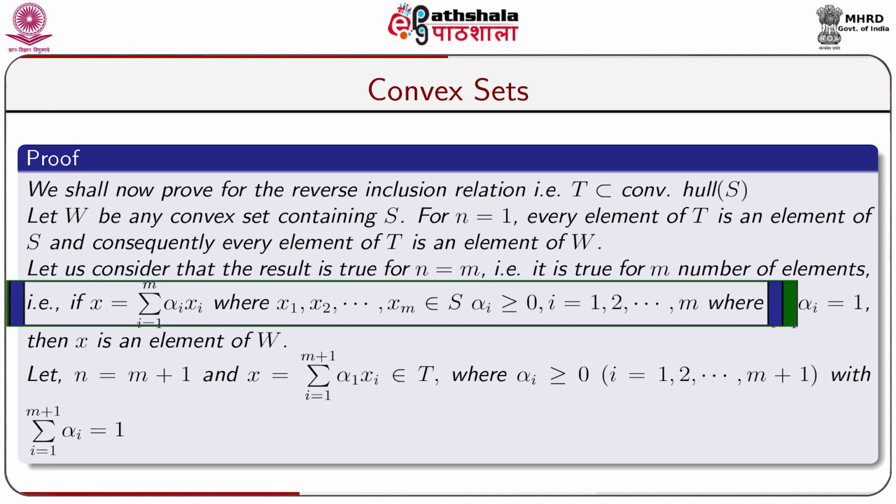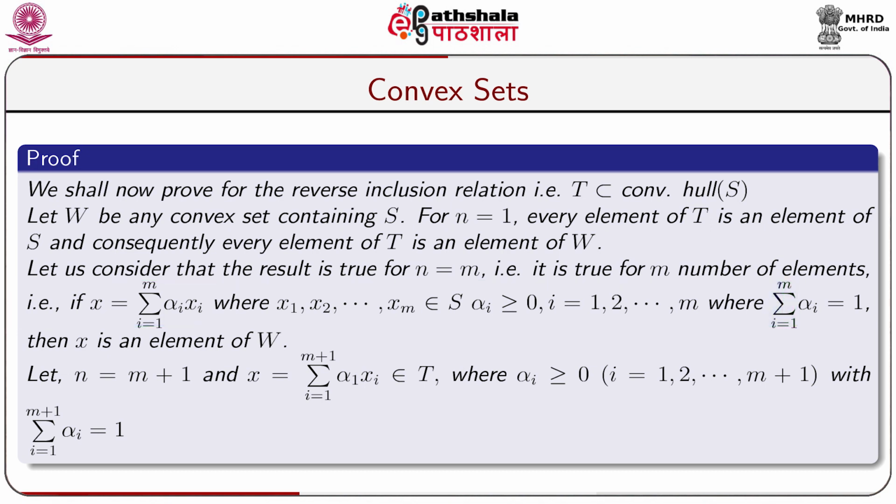That is, if x is equal to sigma i equal to 1 to m alpha i xi, where x1, x2, ..., xm belong to capital S and alpha i greater than or equal to 0, where i equal to 1 up to m, with sigma i equal to 1 to m alpha i equal to 1, then x is an element of capital W.